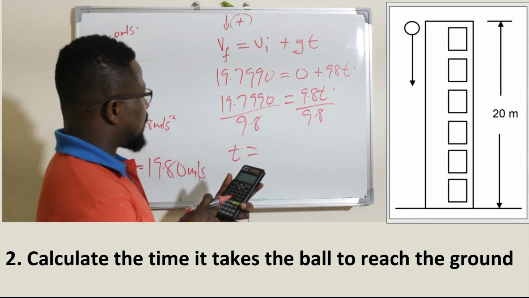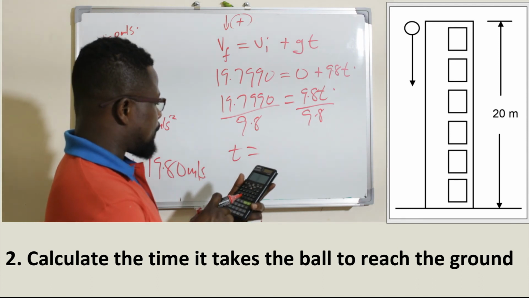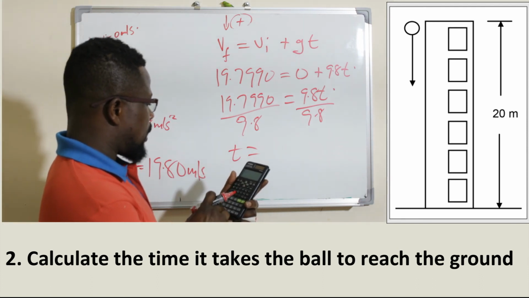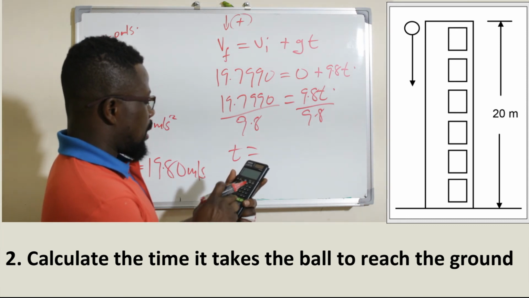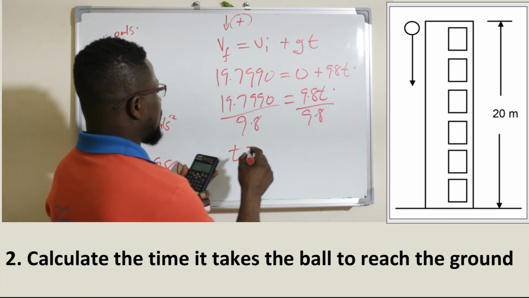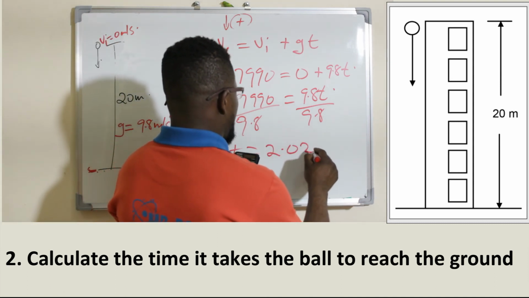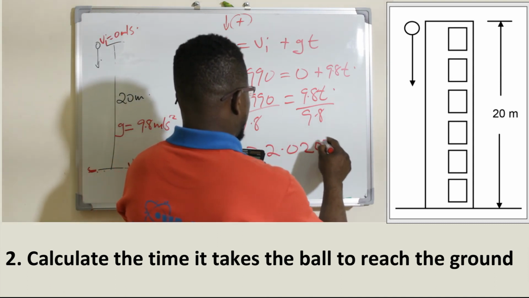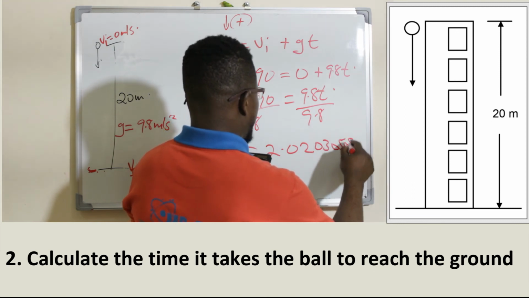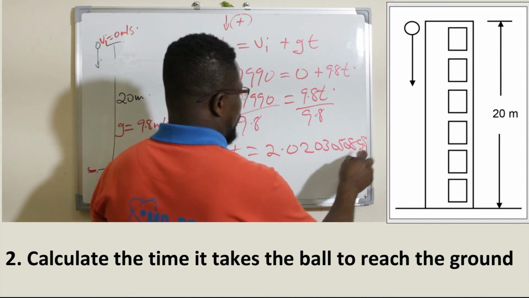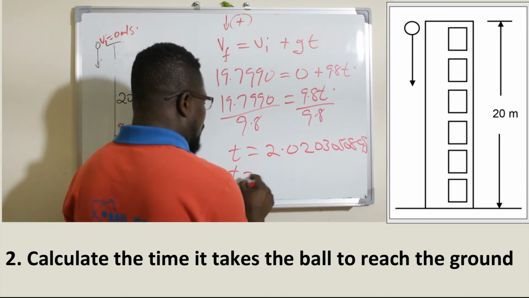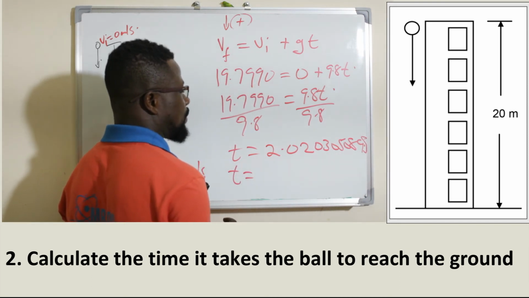19 point all that divided by 9.8. And then my answer is now going to be 2.02030589 seconds. Okay, seconds. And I want to now leave my answer in 2 decimal places.